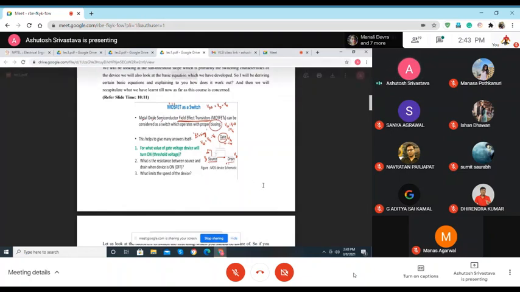Actually a MOS device is a 4-terminal device, which means you can apply bias on all four terminals: the drain terminal, the gate terminal, the source terminal, and the body terminal.